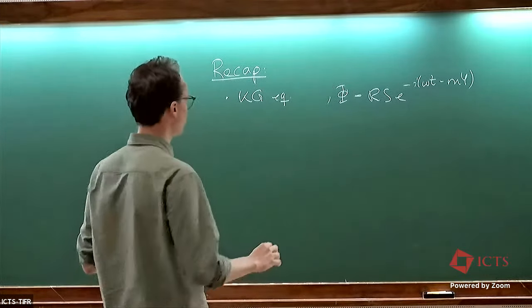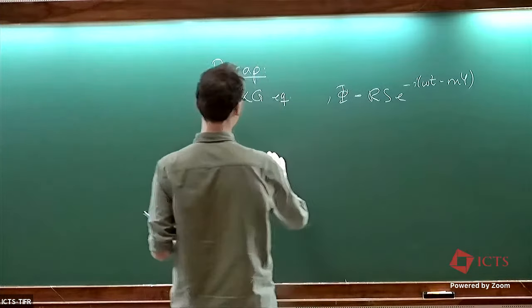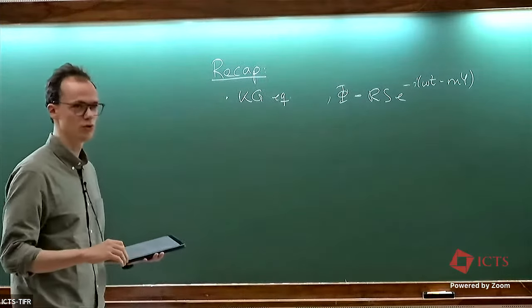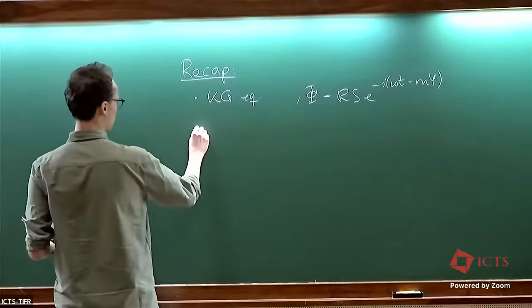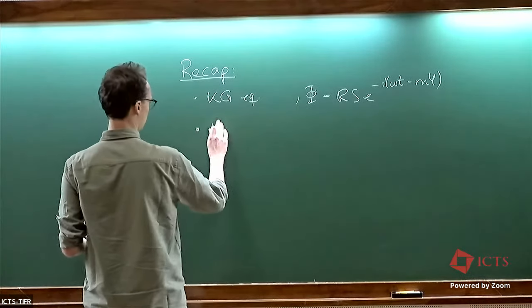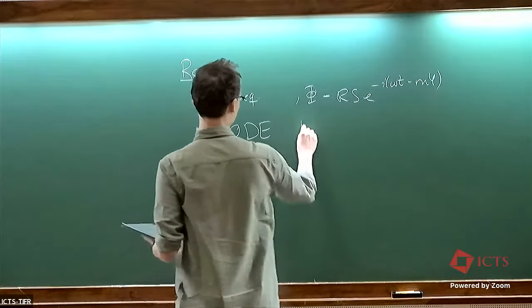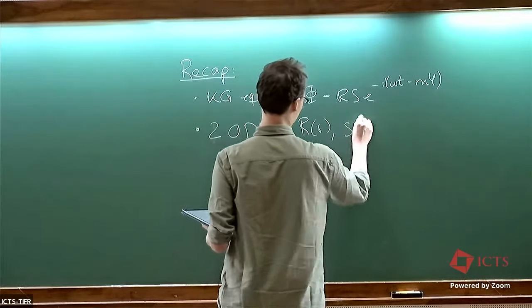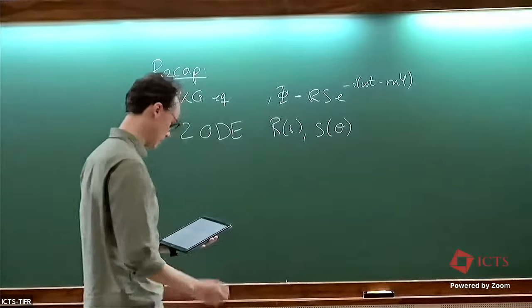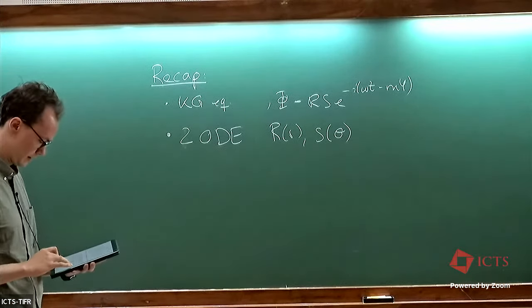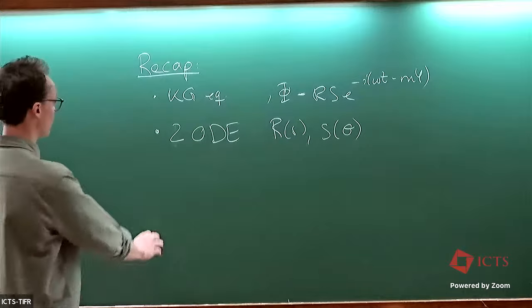And making this ansatz, we were then able to separate this PDE into two second order ODEs, one for R and one for S. At this point, we haven't really made any approximation.